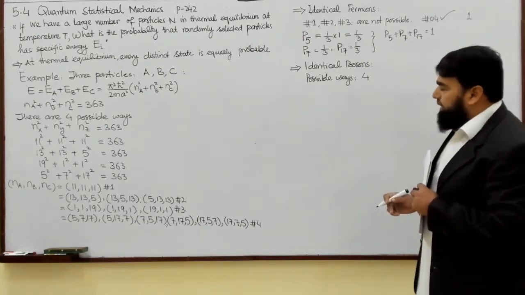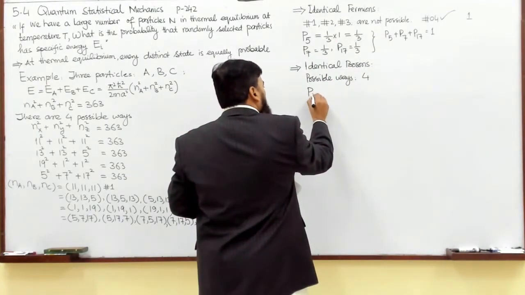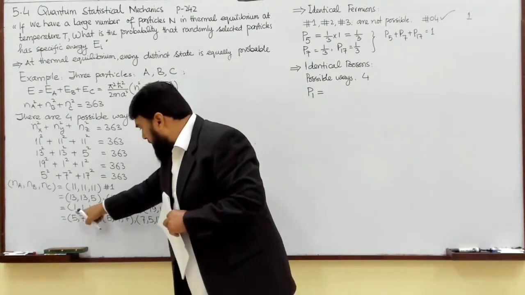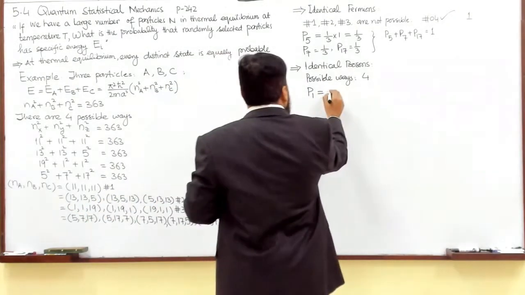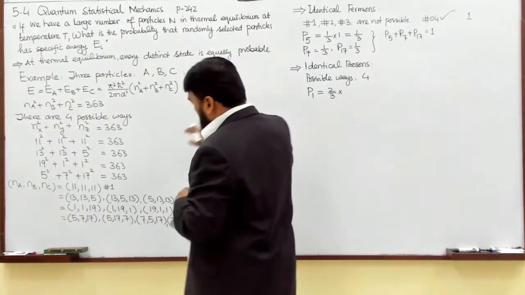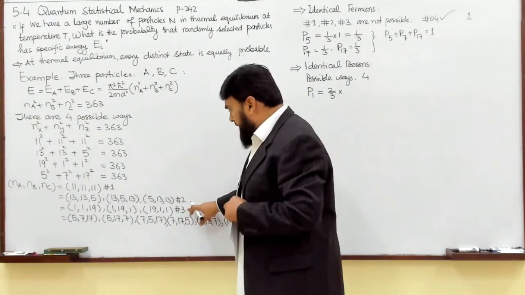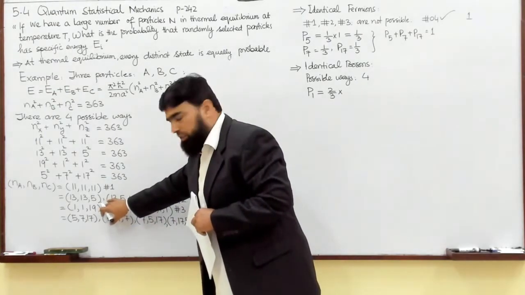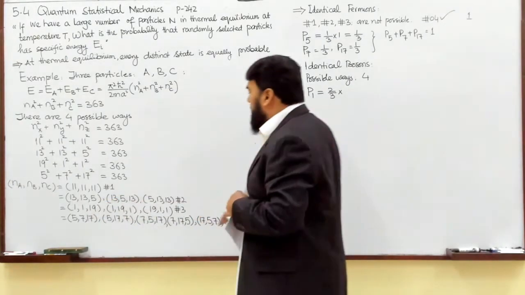And now I find the respective probabilities. So what about P1 here? Out of the 3, the probability of getting 1 here is 2 over 3. And what is the chance of getting configuration number 3? It is only 1 here, because this is just the repetition of it, and only 1 is here.